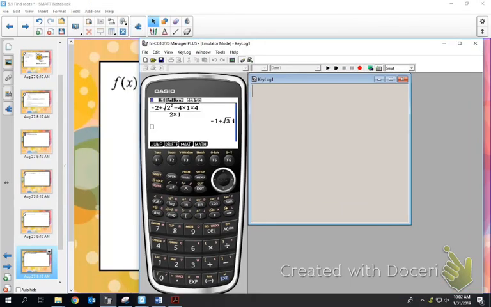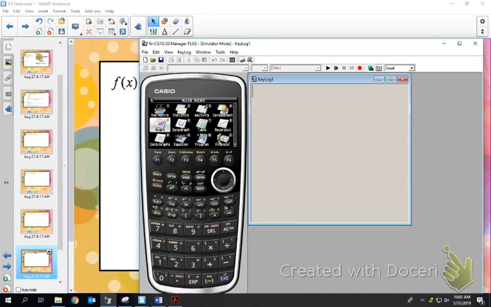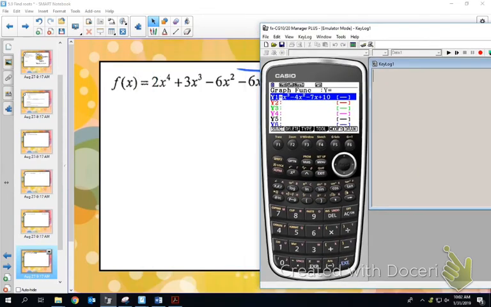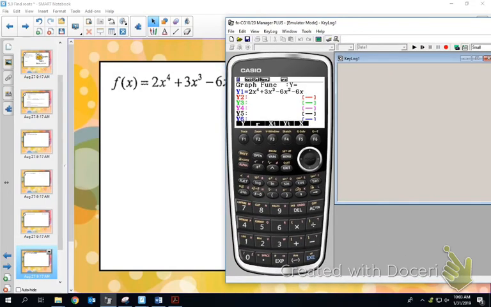So I'm going to go to my graph. I'm going to type in that equation. All right, and let's look at our graph.